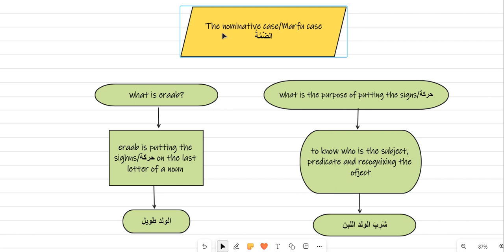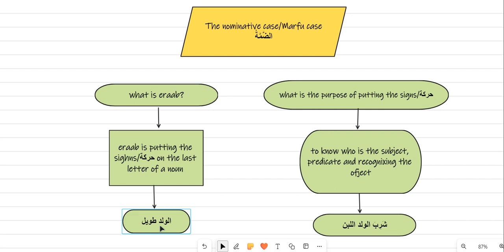For example, here the nominative case, that is, we will be doing the Marfu case. And how are you going to recognize that a particular noun is in Marfu case? By the sign, by the alama, that is the dhamma. Any noun having a dhamma on the last letter of its spelling. Example here, al-walad.